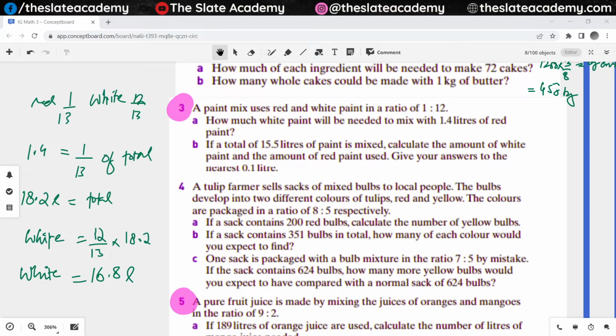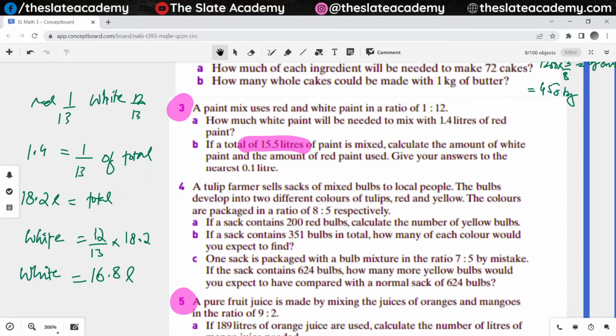Now you are given the total, and out of this total you have to find out, if 15.5 liters is the total that I have, what would be the amount of white in it and the amount of red in it. So it would be simple. Red is 1 out of 13.